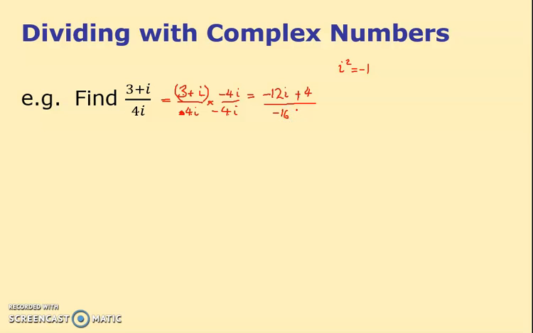I want to write i squared and I don't. I just change the sign instead. So my answer is actually, well, write it in the right order. You usually put the real part first. So 4 over 16 minus 12 over 16i. I can probably cancel that down. It's easy enough, isn't it? A quarter minus 3/4i. So relatively straightforward.